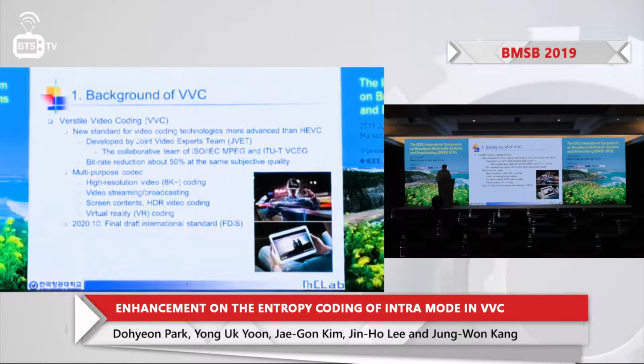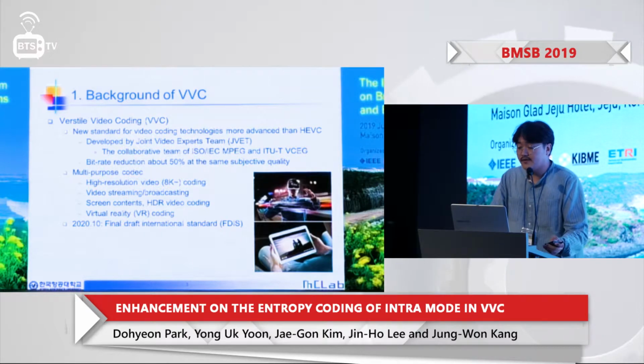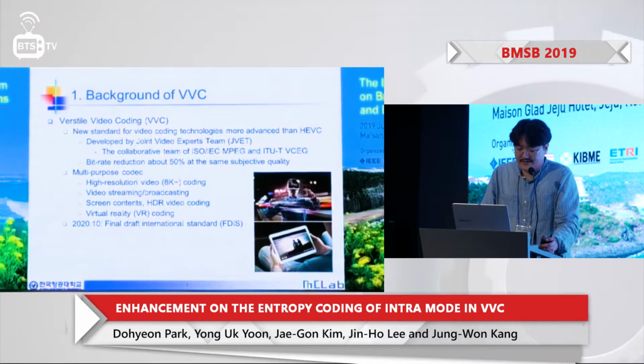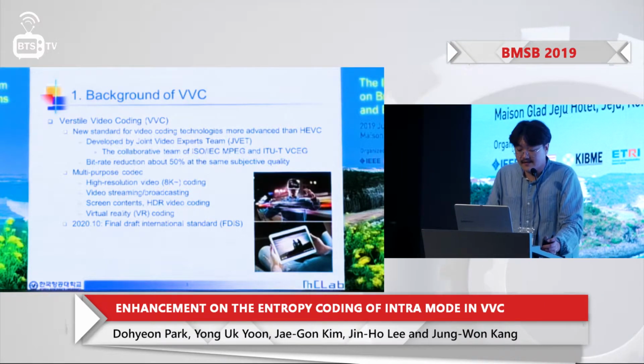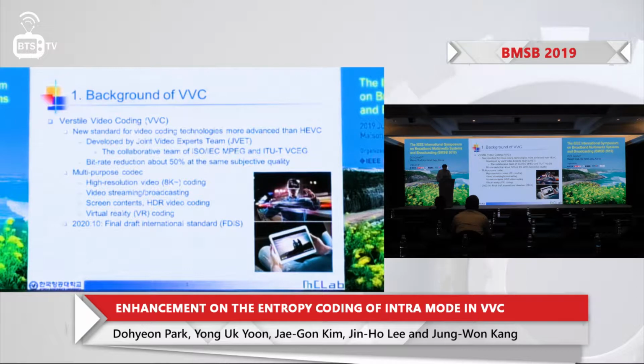JVET targets a bitrate reduction of about 15% at the same subjective quality compared to HEVC. Moreover, as the name implies, it should be able to cover usage in multi-purpose services. So, JVET has a plan to release the FDIS in October 2020.